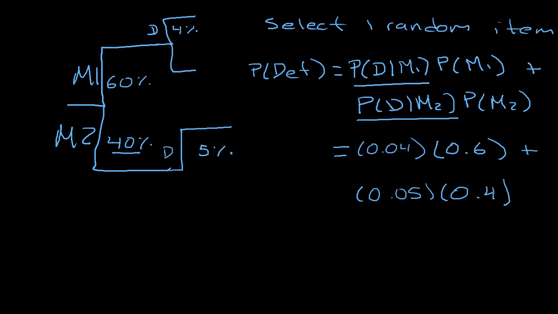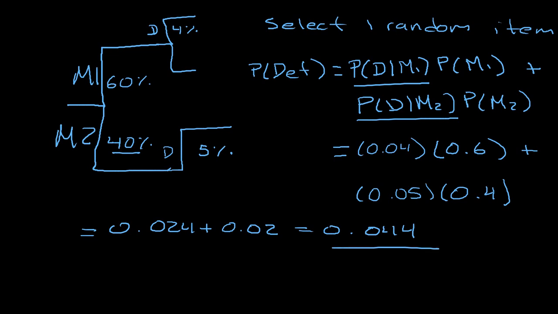This is, let me write it over here, something like this, plus 0.20, and this of course is 0.44 or something around 4.4%. So that's our probability of selecting one random item and that item being defective.